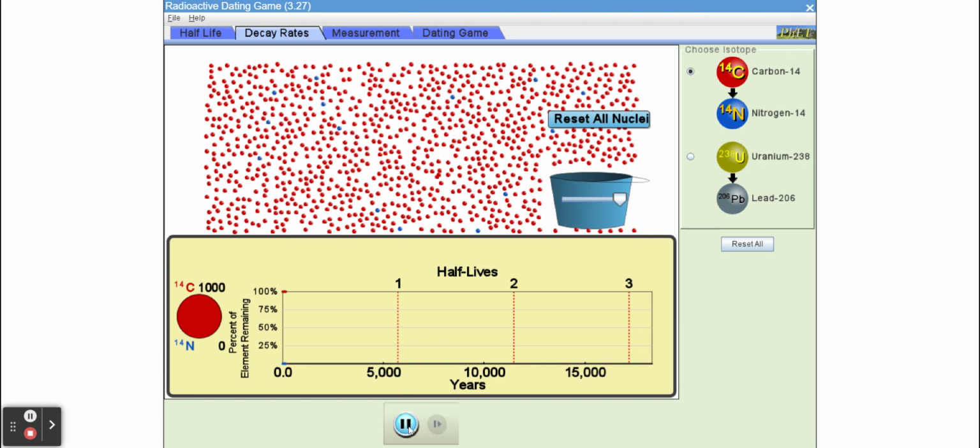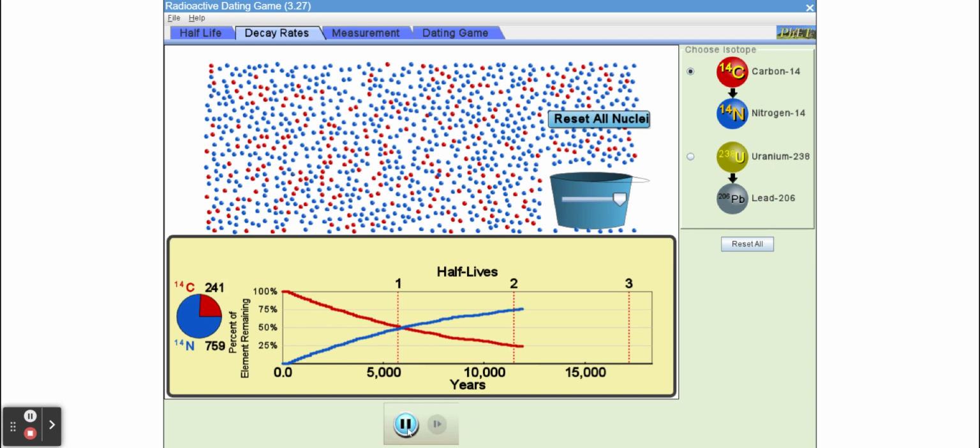So if you just watch the red ones, here they go, they're transforming into nitrogen-14. After 1 half-life, it's roughly 50-50. Half have decayed. After the second half-life, and you can see them up here transforming, after 2 half-lives, we're down to only 1/4 of the carbon-14 left.